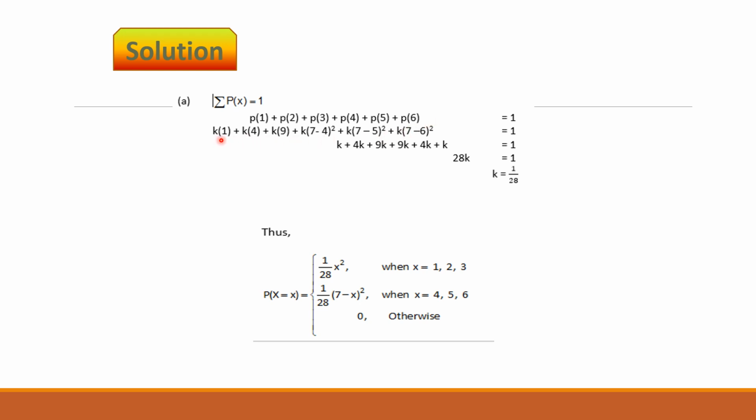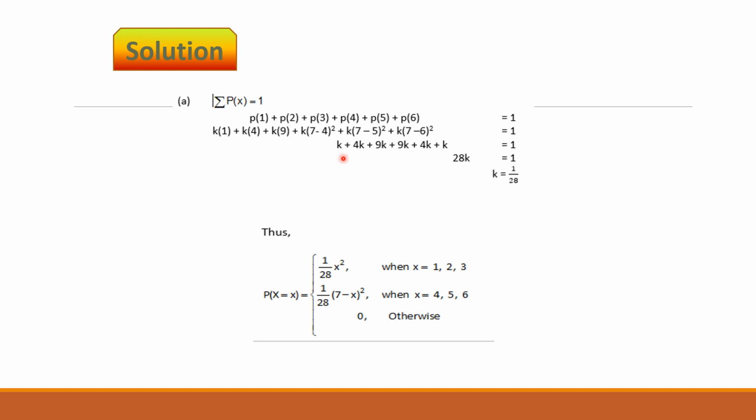So when X equals 1, we take K times 1 squared plus K times 2 squared plus K times 3 squared. When X equals 4, we substitute in the second function. We have (7 minus 4) squared times K, (7 minus 5) squared times K, (7 minus 6) squared times K.